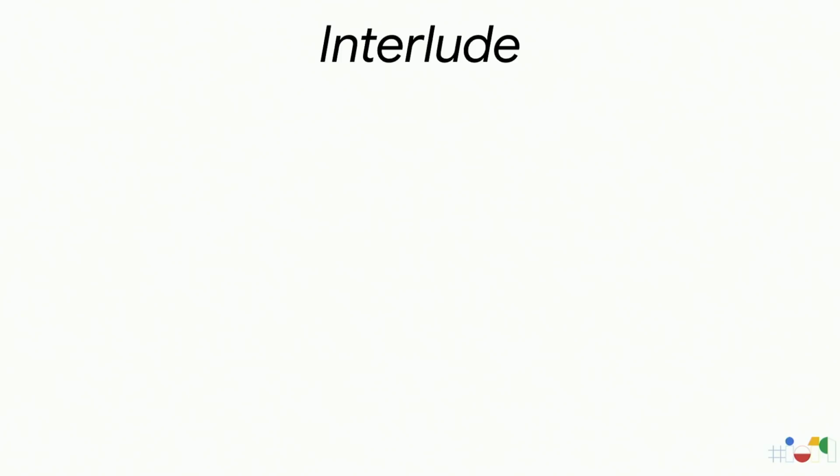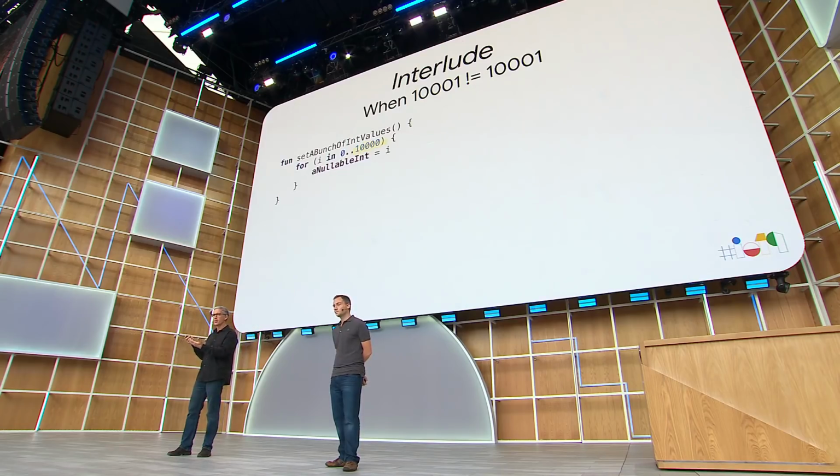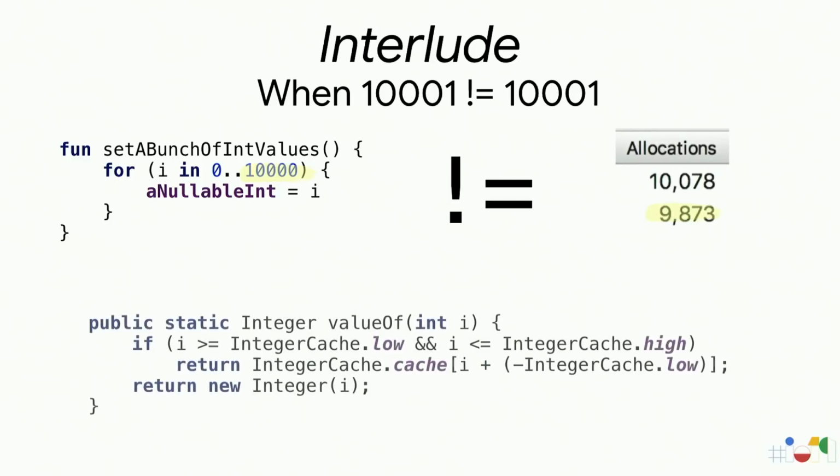We're in a loop going through 10,001 times. Why do we not have 10,001 allocations going on? So there's the loop. And that, for some reason, didn't equal 10,001 allocations, and it's because of the value of, more particularly because of this caching logic that we have.